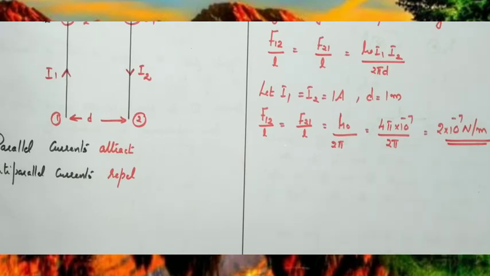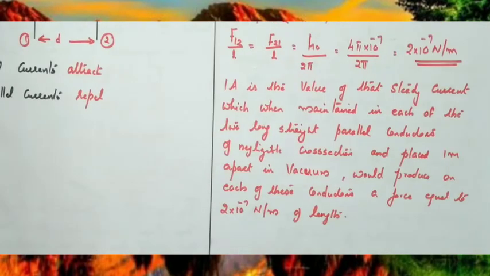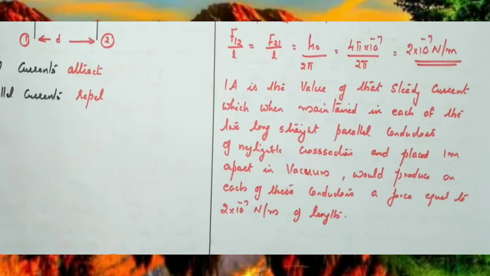Hence, 1 ampere is defined as that value of steady current which, when maintained in each of two long, straight, parallel conductors of negligible cross section and placed 1 meter apart in vacuum, would produce on each of these conductors a force equal to 2 into 10 raised to minus 7 Newton per meter of length. So, this is the definition of 1 ampere.